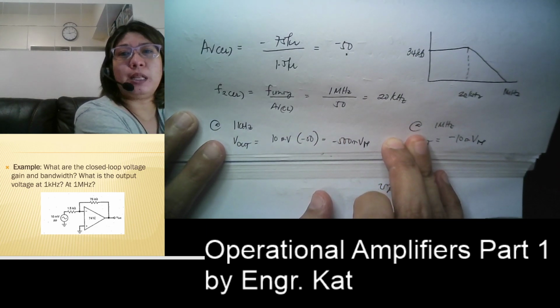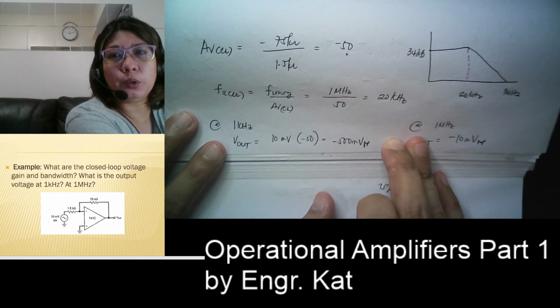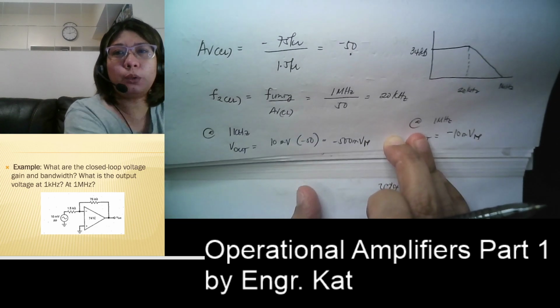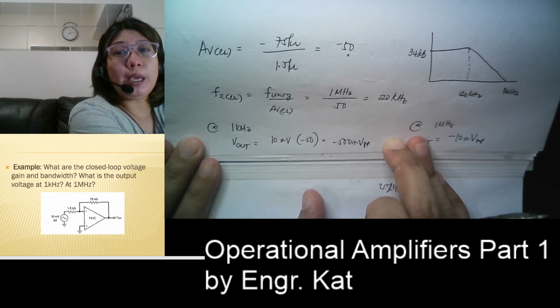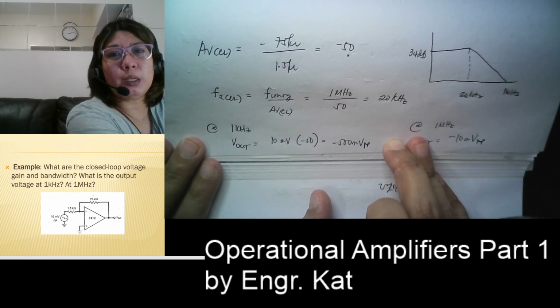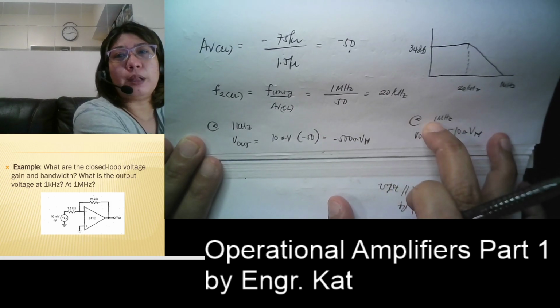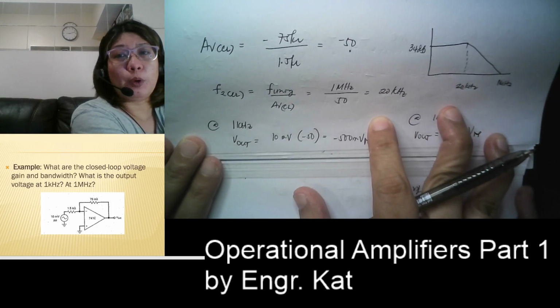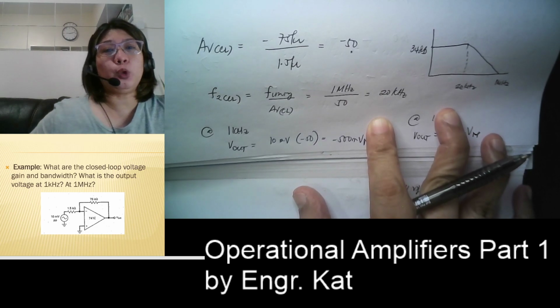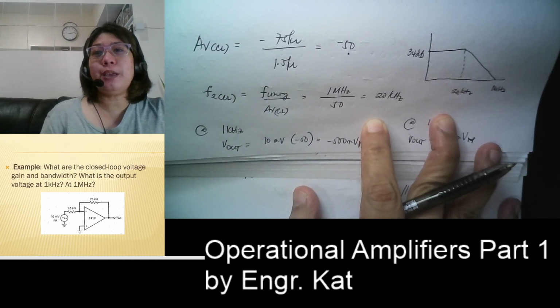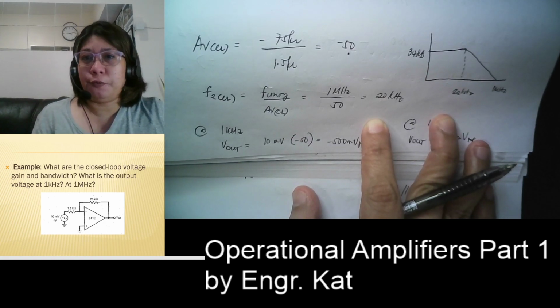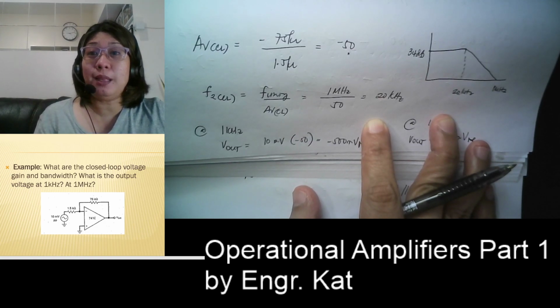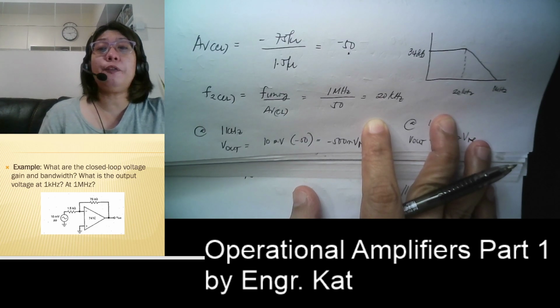So if we have an input voltage which is equivalent to 10 volts, all we have to do is to multiply it by negative 50 so we can get the output voltage which is equivalent to negative 500 volts peak to peak. Okay, so from 0 up to 20 kilohertz, our gain is equivalent to negative 50. Okay, or it will be increasing your input by 50 times.